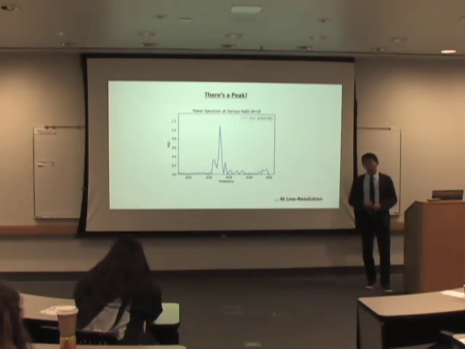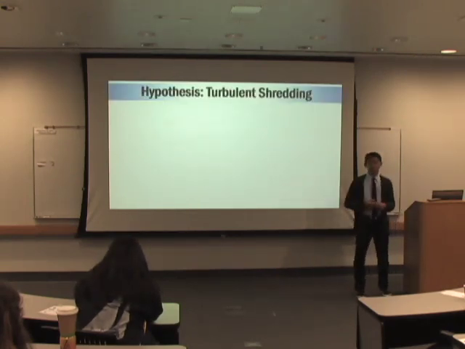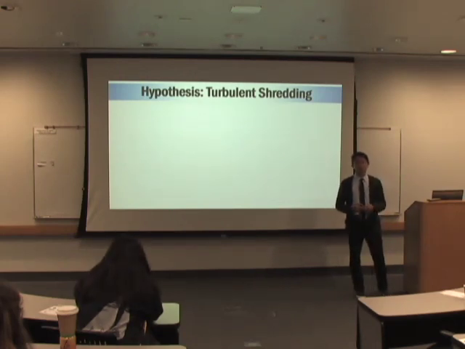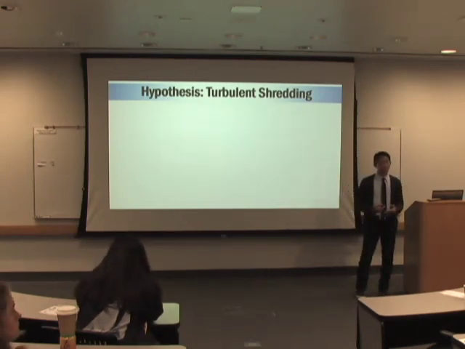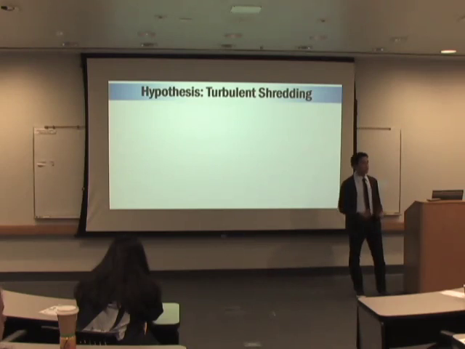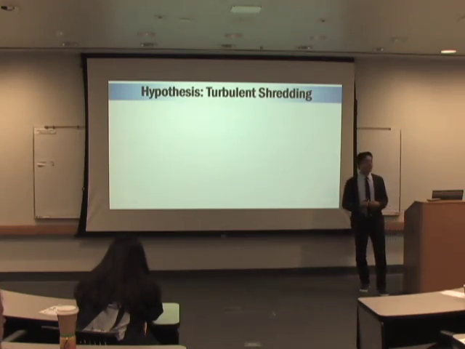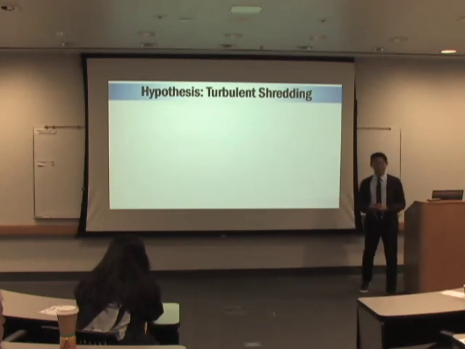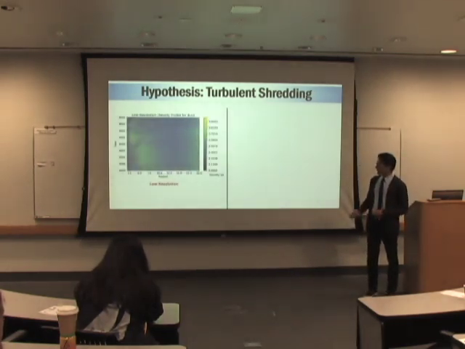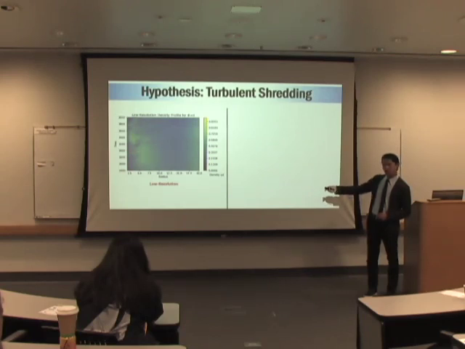However, we had a hypothesis about this low resolution data. The hypothesis was that higher resolution data, which evolves more realistically in time, would more realistically model the effects of turbulence. Turbulence, as anyone who's worked with fluids before knows, gets in the way of lots of things. In our low resolution data, we see this very nice periodic structure of dark, light, dark, light.